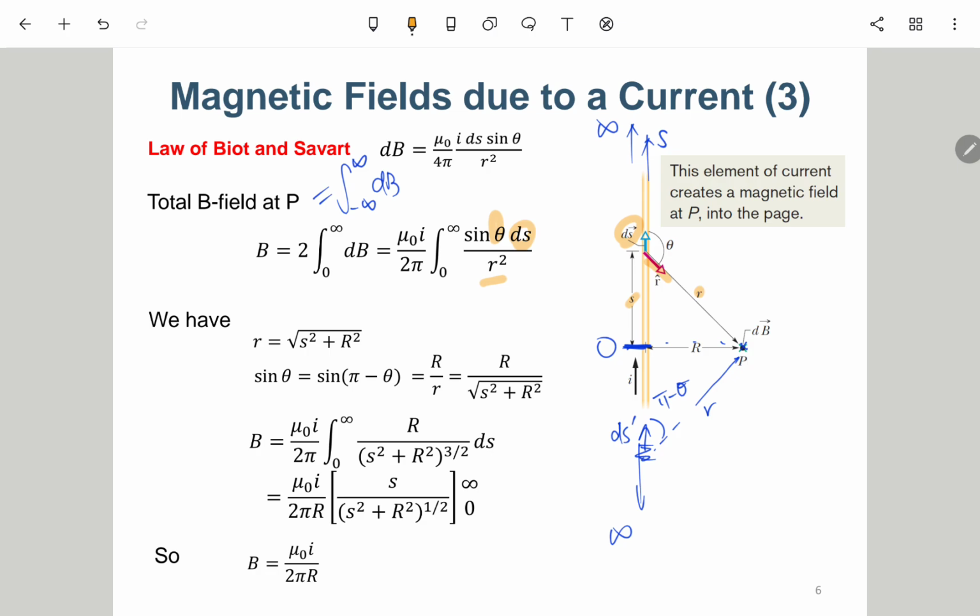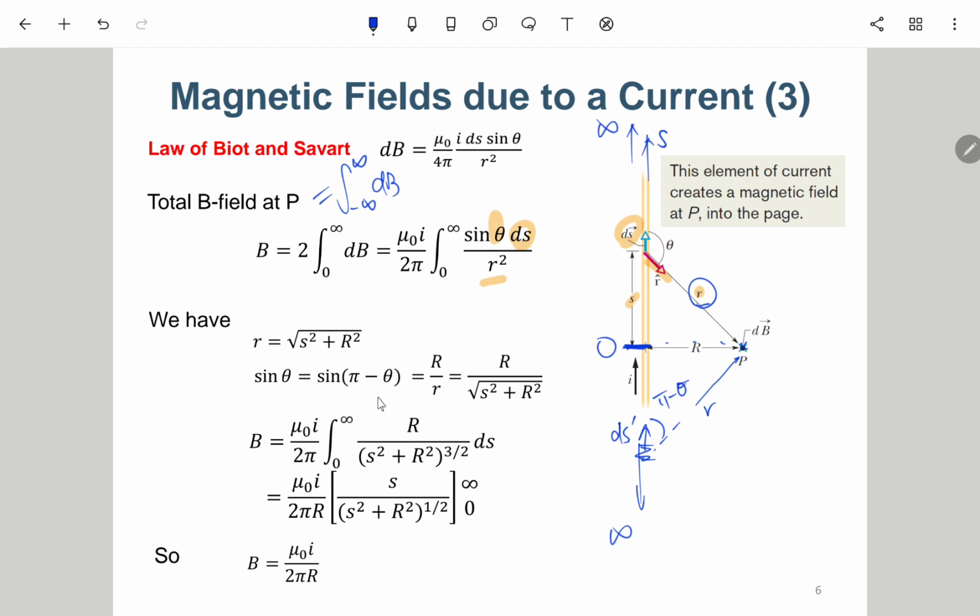So we try to change variables to express everything in terms of the single variable s. In this right angle triangle, according to the Pythagorean theorem, r is the square root of s squared plus capital R squared.